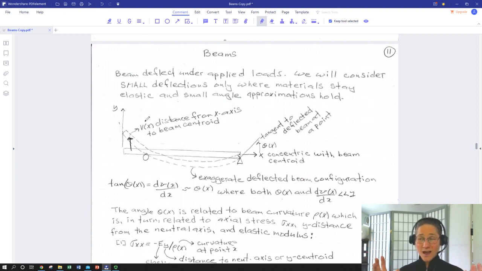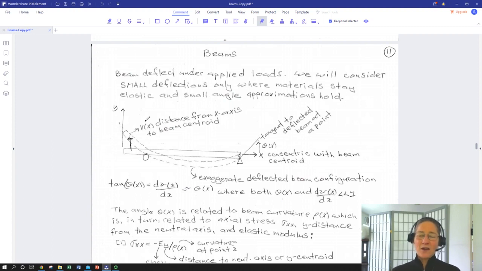We've looked at Hooke's law and related that axial strain to an axial stress, sigma xx, and then we've gone back to the definition of moment for flexion about the z-axis through the cross-section of a beam and related our sigma xx to moment that we can solve from a statics problem. And from that we derive the flexure formula.